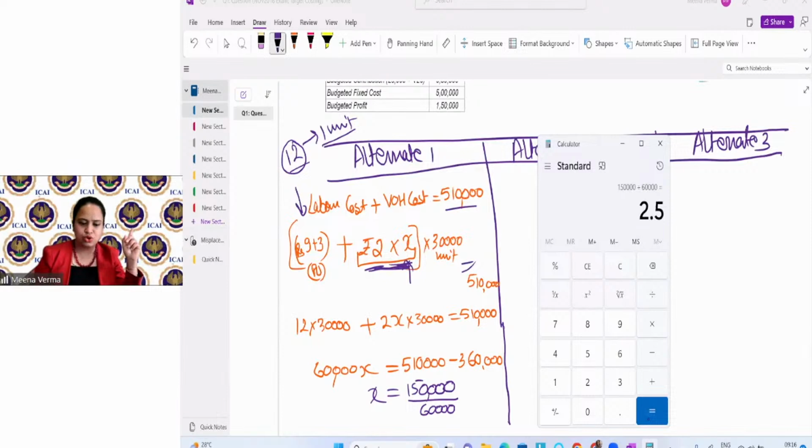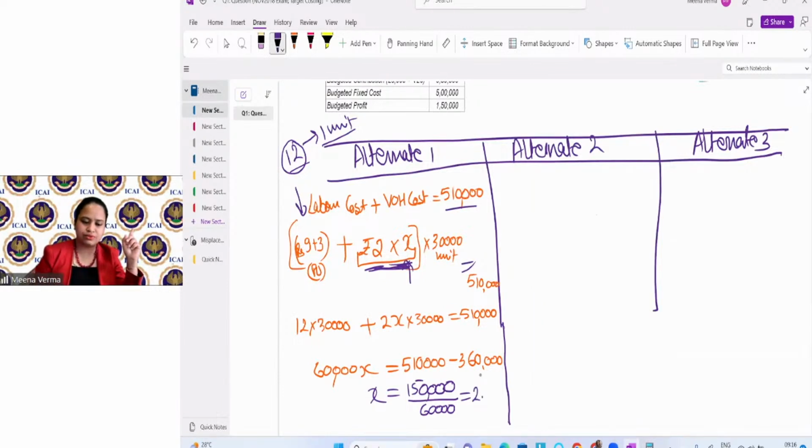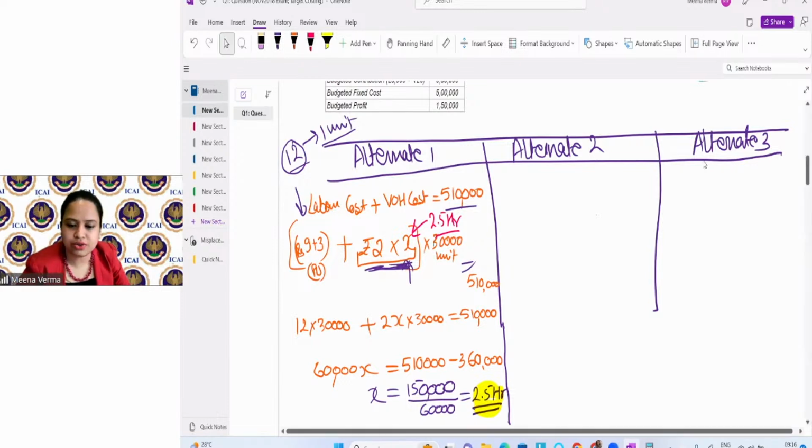So what is happening here? The labor is taking 2.5 hours to produce? No, 2.5 hours is the overhead rate. 2.5 hours is the time taken to produce the goods. So earlier, what was the time?